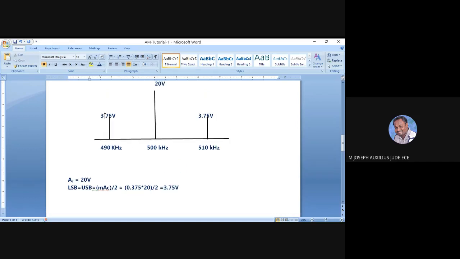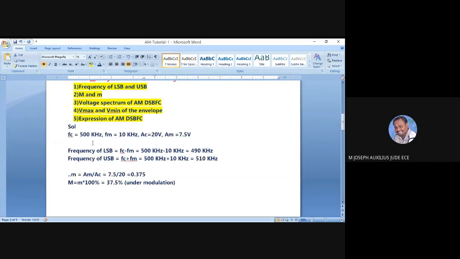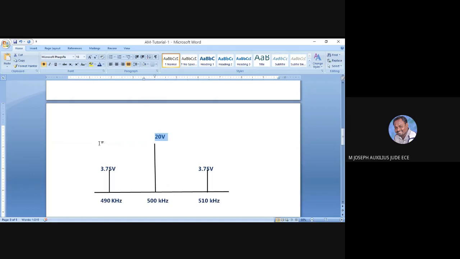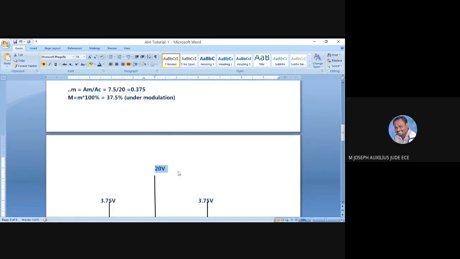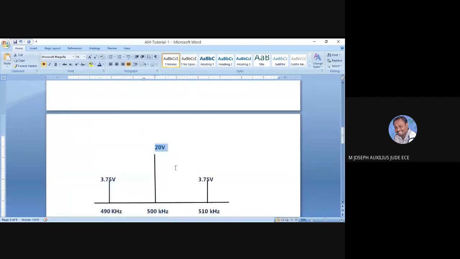So I substitute 3.75 as the lower sideband and upper sideband amplitude, and the amplitude of the carrier is given in the problem itself, 20 volts. Based upon this detail, I have sketched the amplitude modulated spectrum, that is double sideband full carrier.